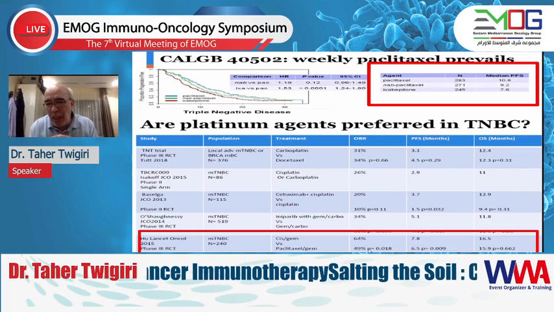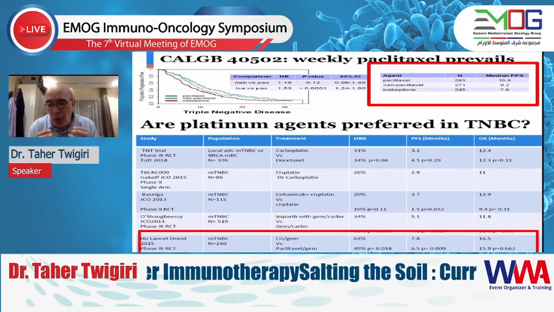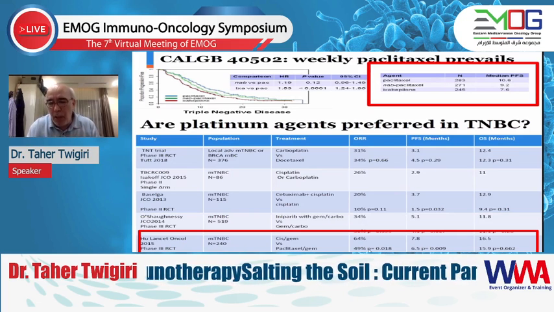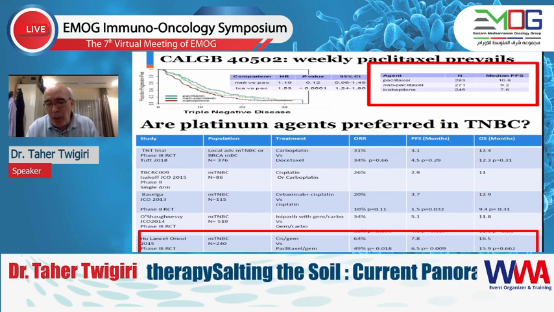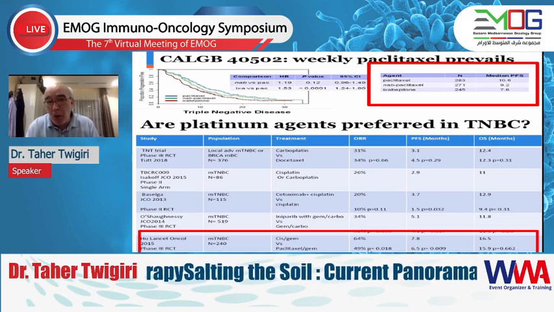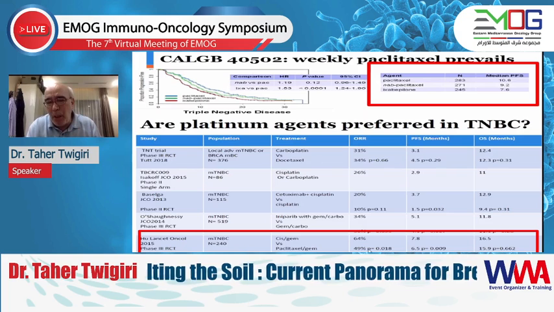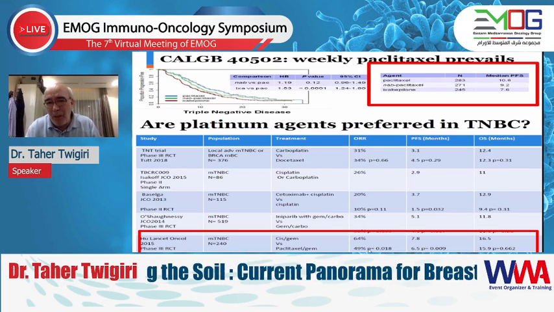So if you are using a single agent, use paclitaxel. If you want to use a combination, use paclitaxel and Gemzar on day 1 and 8 every 21 days. So this is to make you relax about the treatment of triple-negative.